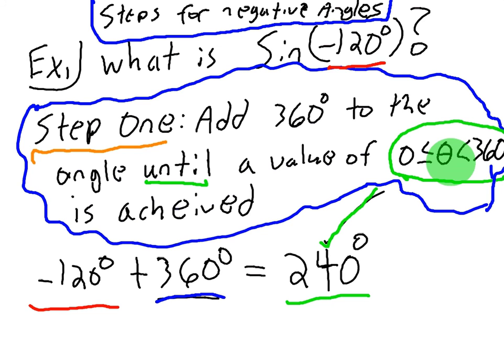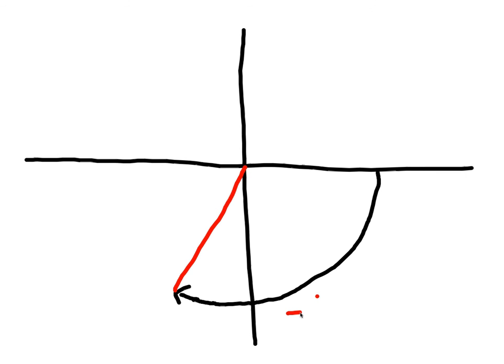Let's look at a picture of what negative 120 looks like. Negative 120 would be going down 90 and then 30 degrees past here, and you would form an angle right here. So that would be negative 120.